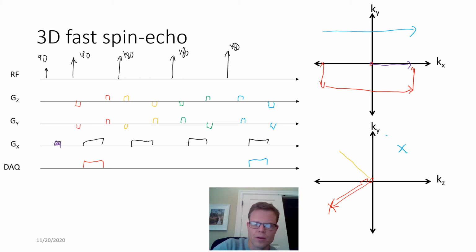We're going to go out to this corner here, the next TR, or the next, sorry, not next TR, the next spin echo. Just the KY plane, oops, no, I guess I have drawn that a little backwards here, let's see.